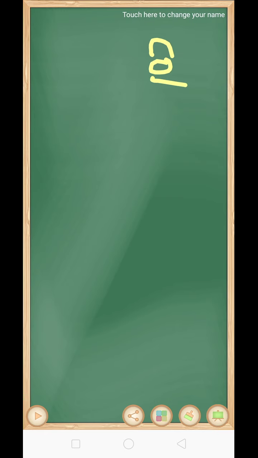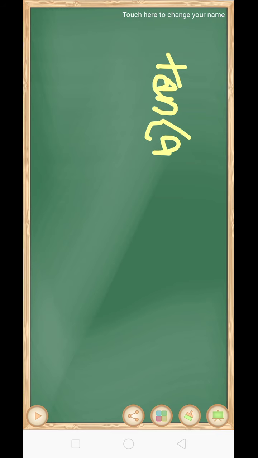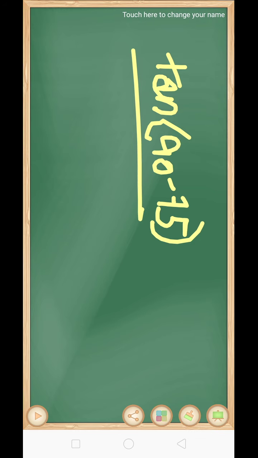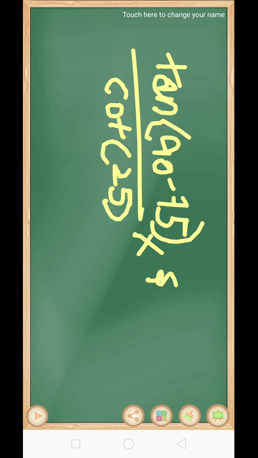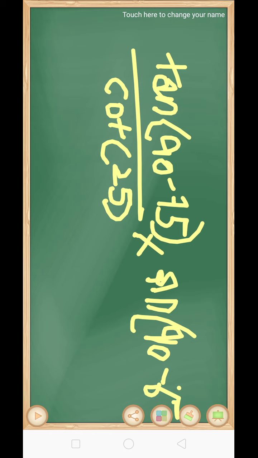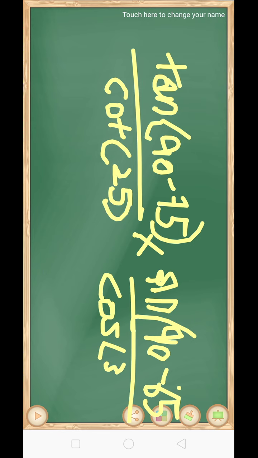cot 90 minus 75 upon cot 25 multiplied by sine 90 minus 35... 55 upon cos 35.